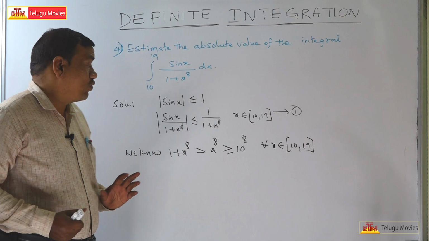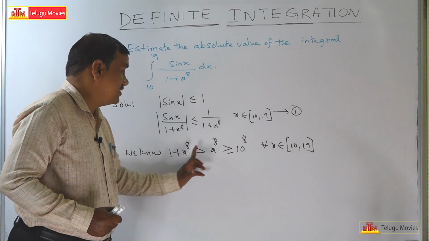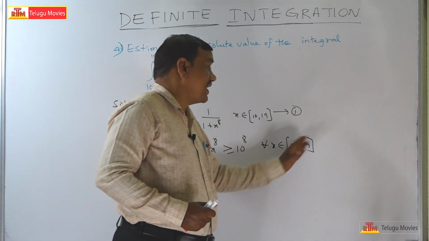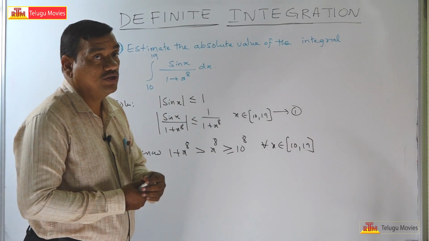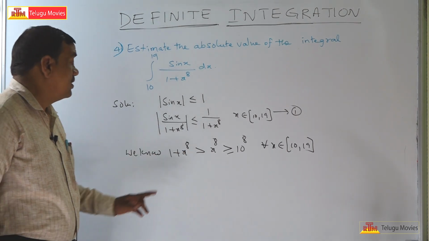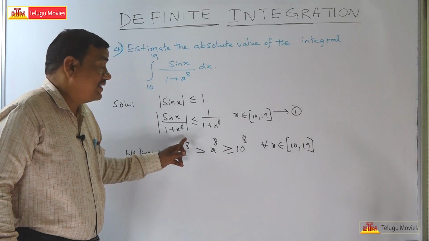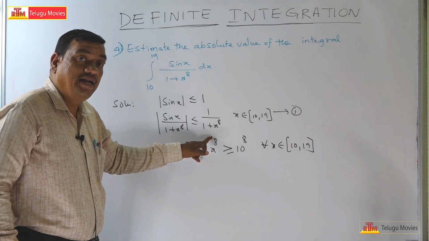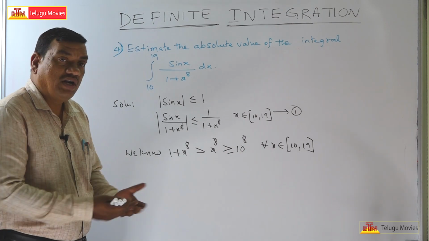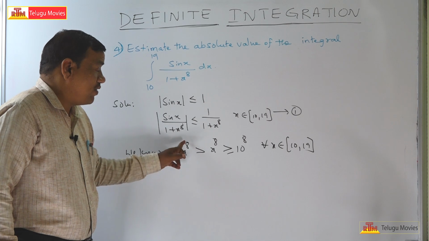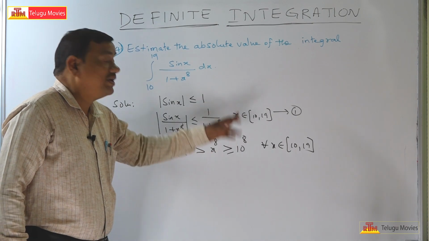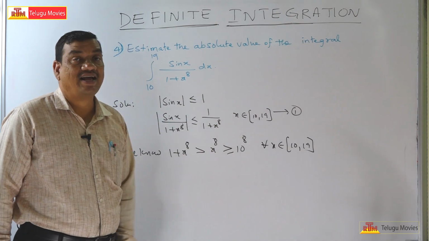Put x equal to 10, since x belongs to 10 to 19. Then 1 plus 10 power 8 is greater than 10 power 8, which is greater than or equal to 10 power 8. If you put 11, 1 plus 11 power 8 is greater than 11 power 8, which is greater than or equal to 10 power 8.